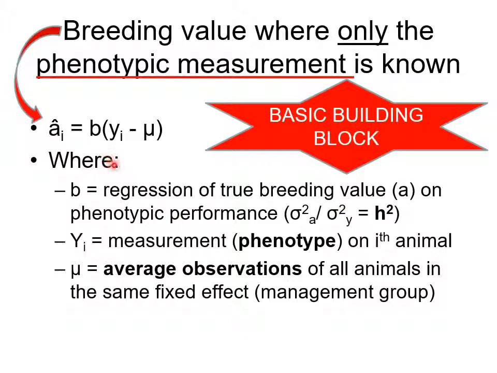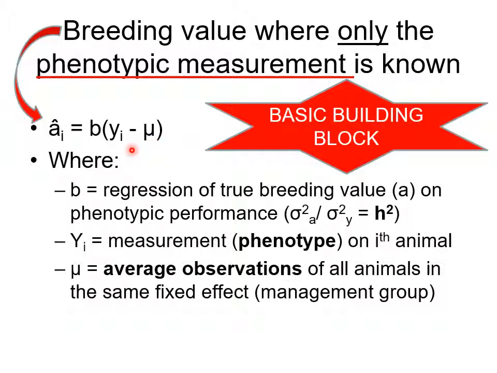So if we come back to our example, if this specific animal weighs 10 kilograms more than its contemporaries, or the average of the group, and the heritability is 0.5 or 50%, the breeding value will be 0.5 times 10, which gives you half of 10. That would be plus 5 kilograms.